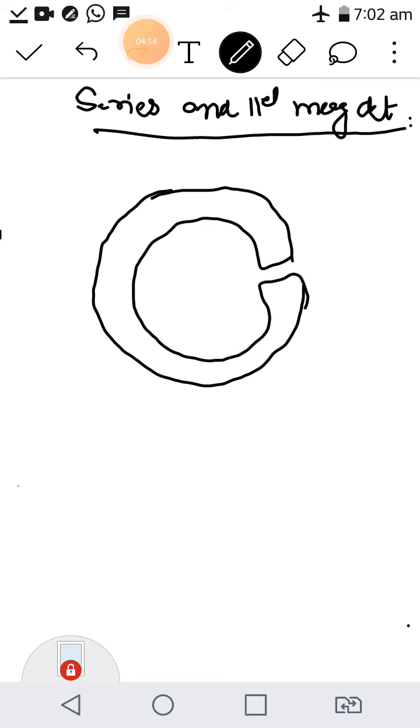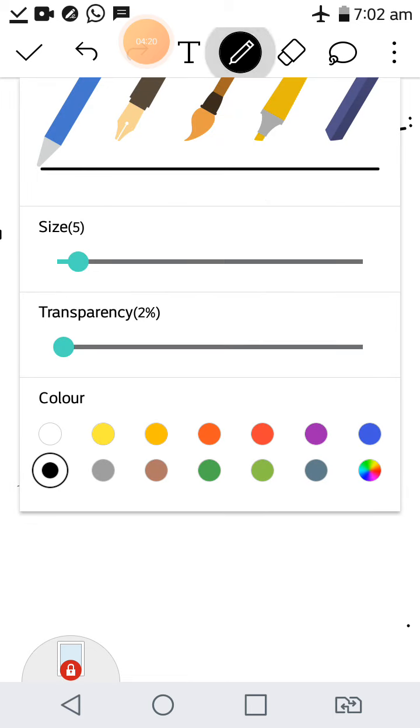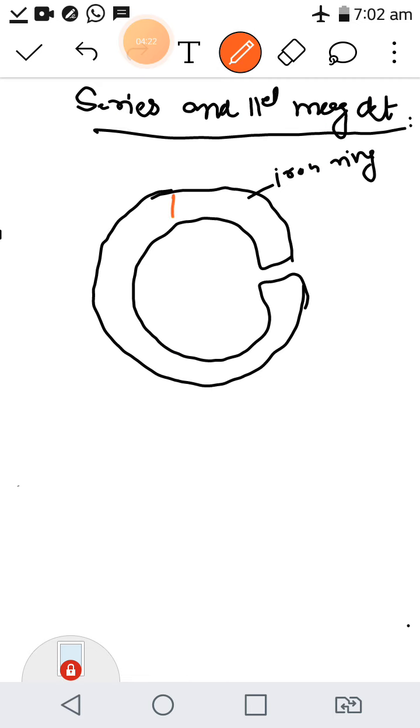You can see that this is a piece of iron ring. Let the area of cross section for this ring be, this is the area of cross section, let me mark, this is equal to A1.